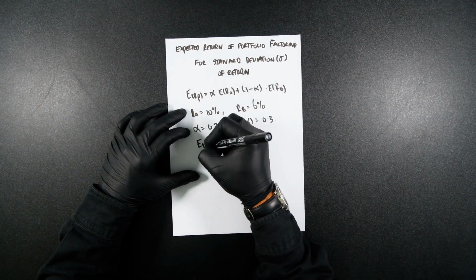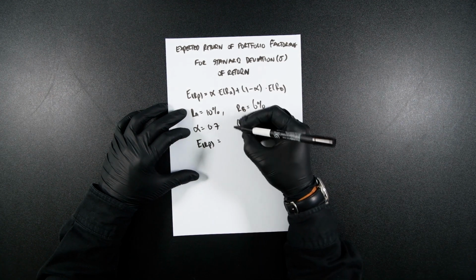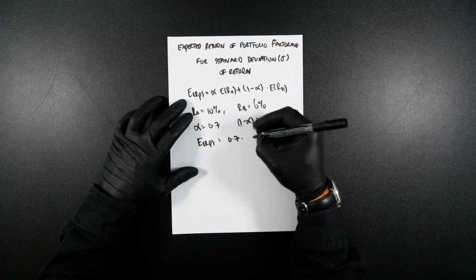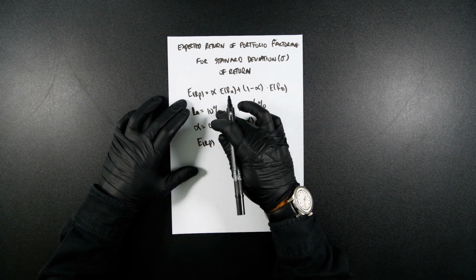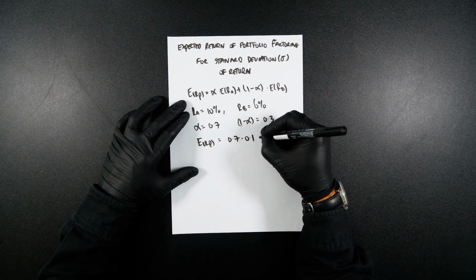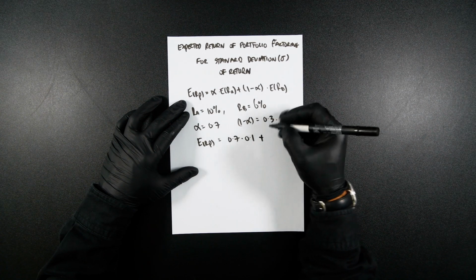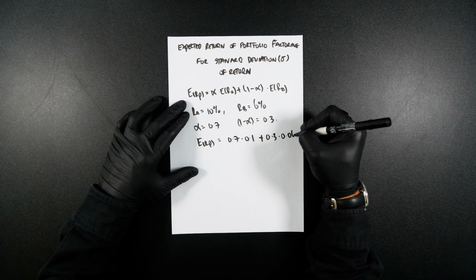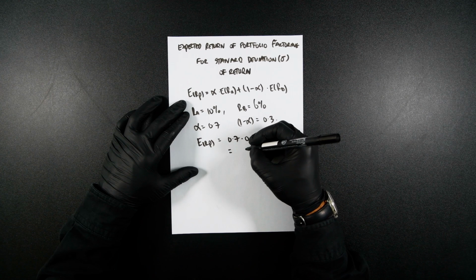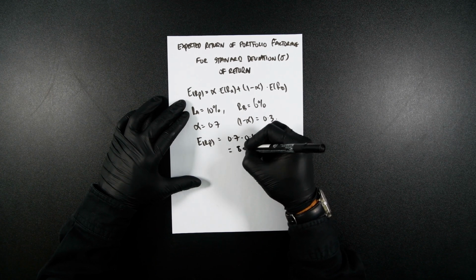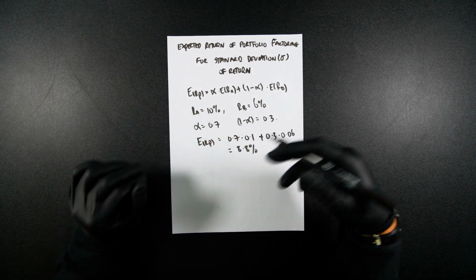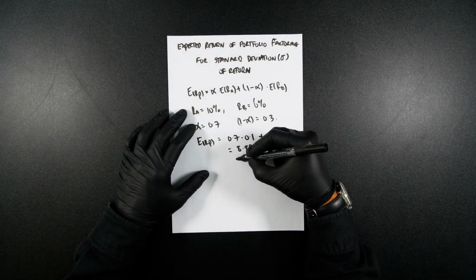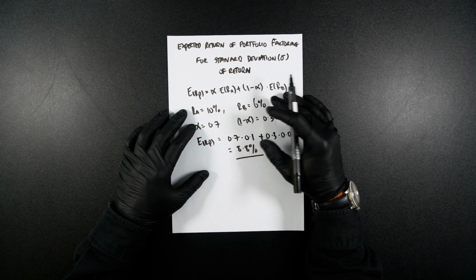So the expected return is going to be 0.7 times 0.1, I've converted 10% into a decimal, plus 0.3 times 0.06. So we're now going to get 0.088, times that by 100, and you're going to get 8.8%.